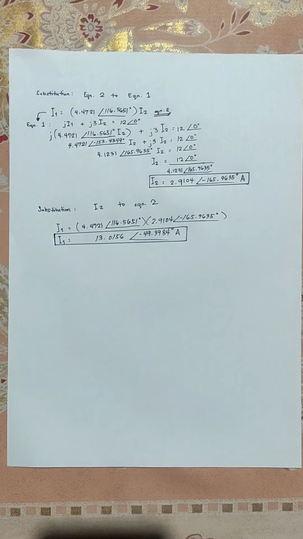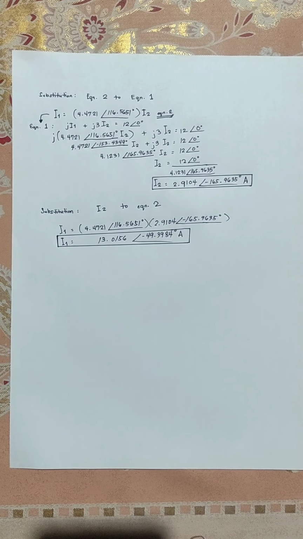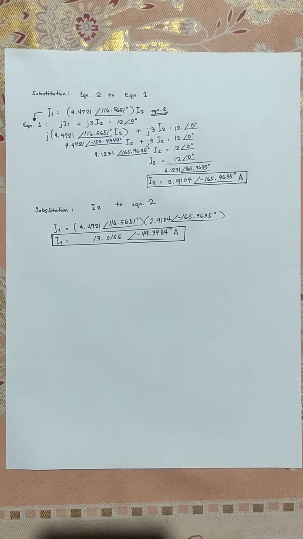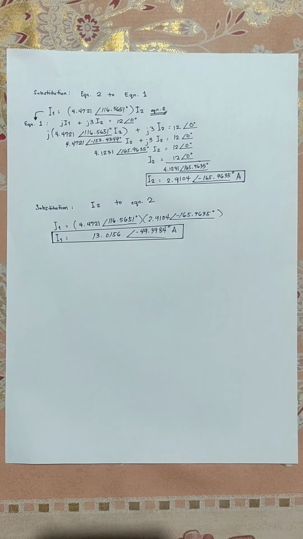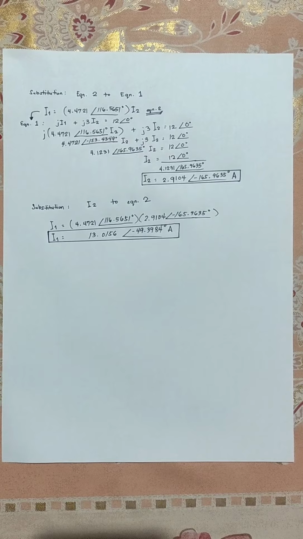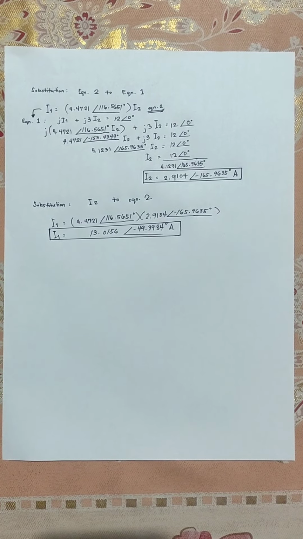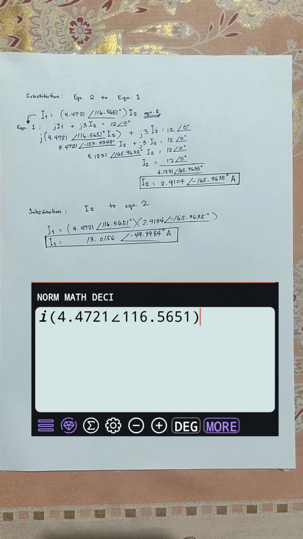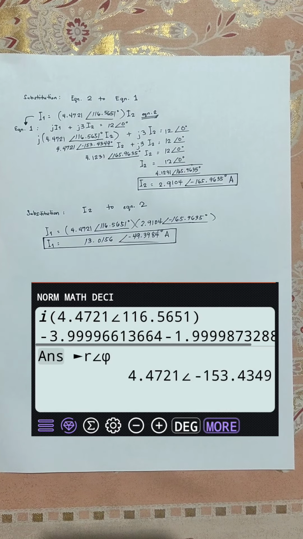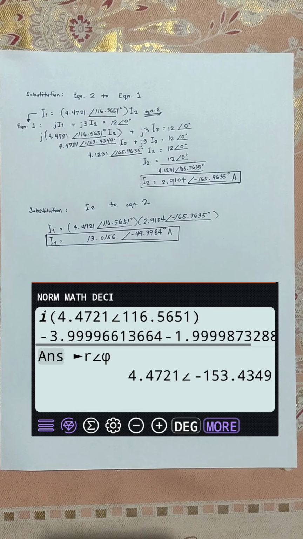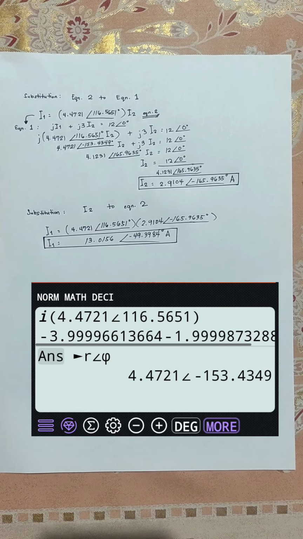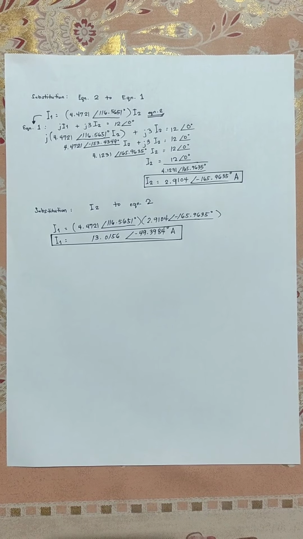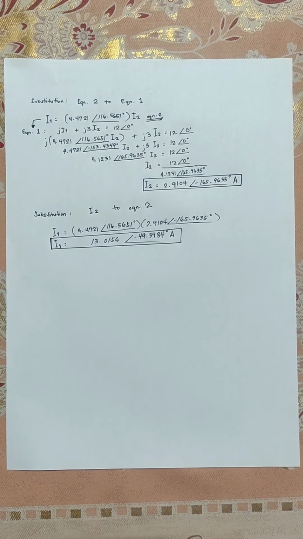The equation will become J quantity 4.4721 angle 116.5651 degrees I2 plus J3 I2 equals 12 angle 0 degrees. Multiplying J to the value of I1, we arrive at 4.4721 angle negative 153.4349 degrees I2 plus J3 I2 equals 12 angle 0 degrees.